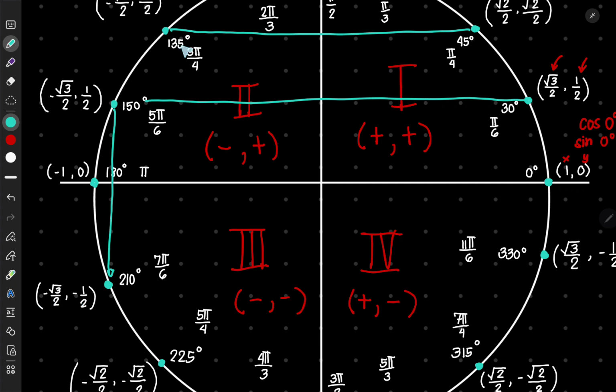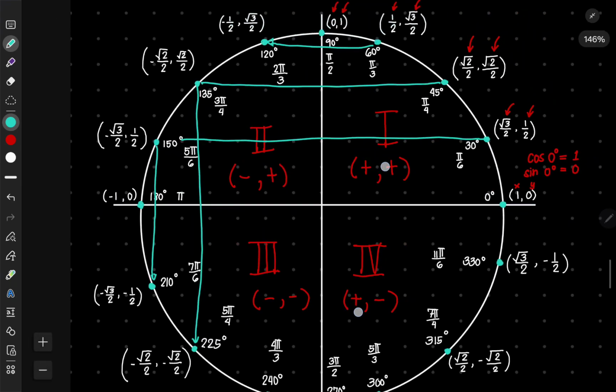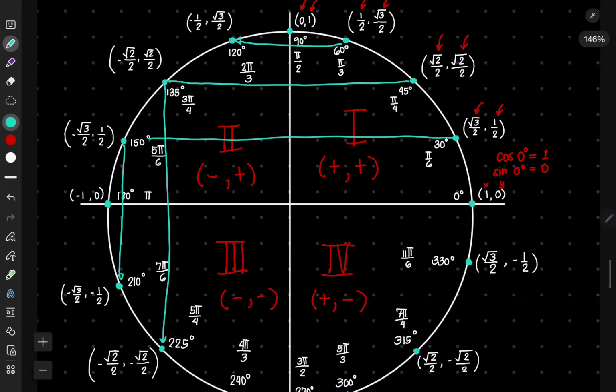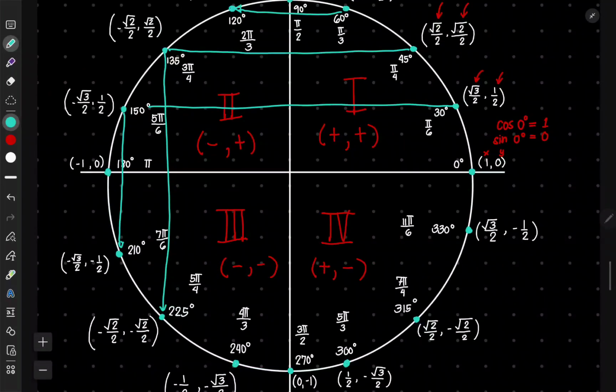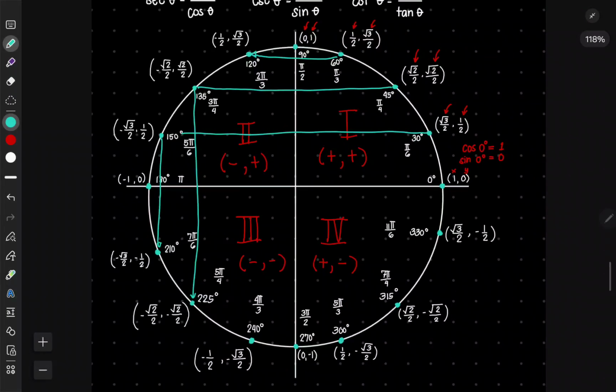Then, after that, yung 135, reflect natin yan dun sa 225, which is, they are the same yung coordinates, but, again, dito sa third quadrant, they are both negative lang. So, same true, yung 120 degrees natin. So, that would be equal to yung 240 degrees, pero yung signs lang, yung difference nila.